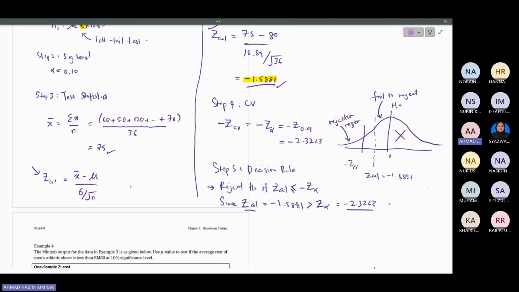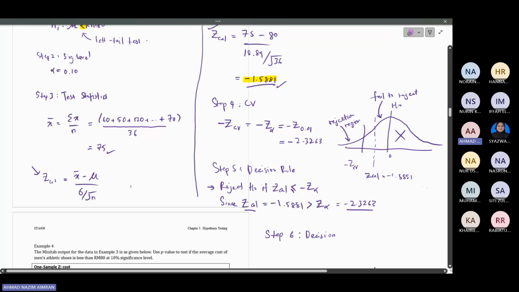For step 6, the decision: can we reject the H null?